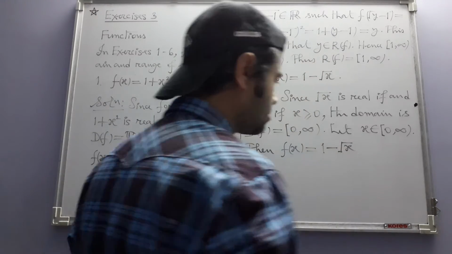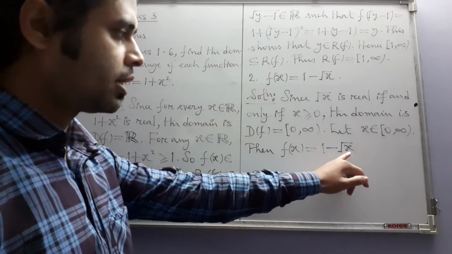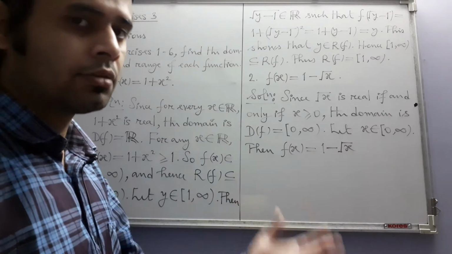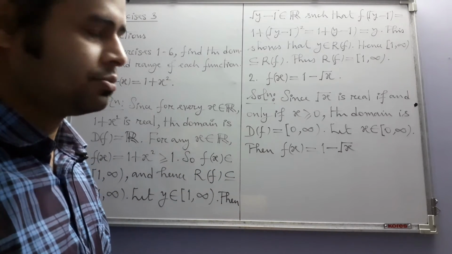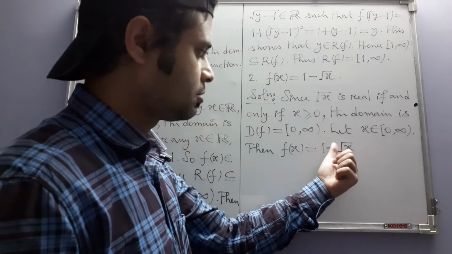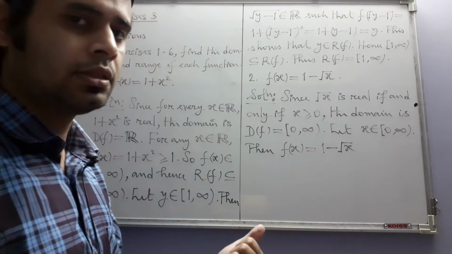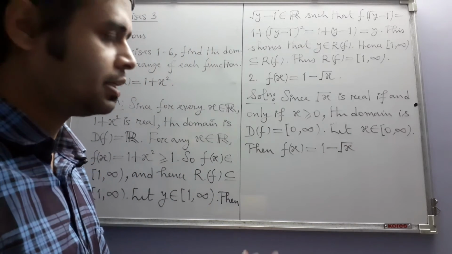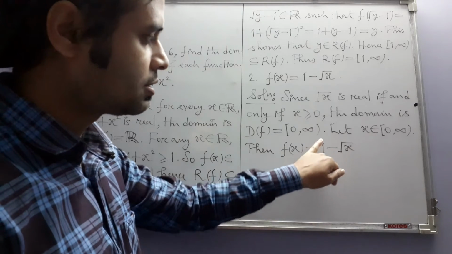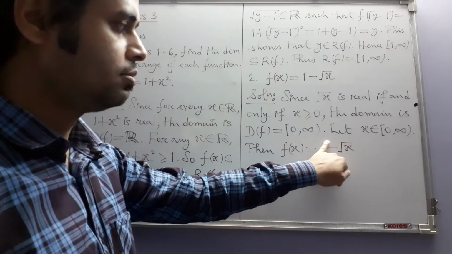So because square root of x itself is non-negative, minus square root of x is non-positive, that is minus square root of x is less than or equal to 0.